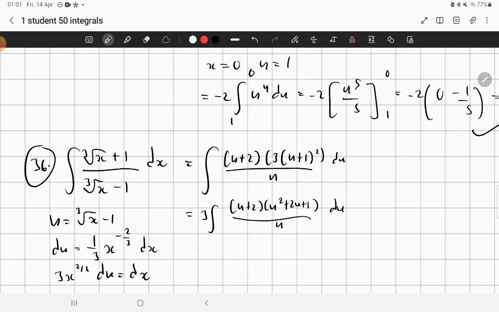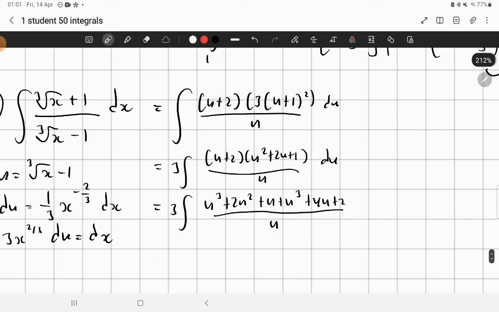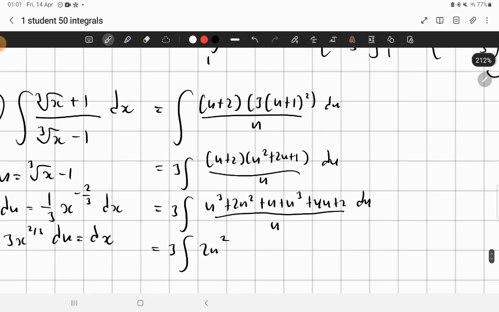So what we have here is we begin with u to the power 3 plus 2u square plus u cubed plus 4u plus 2, then divided by u. Now we can solve this further. So you have 2u squared, plus 5 plus 2 over u du.